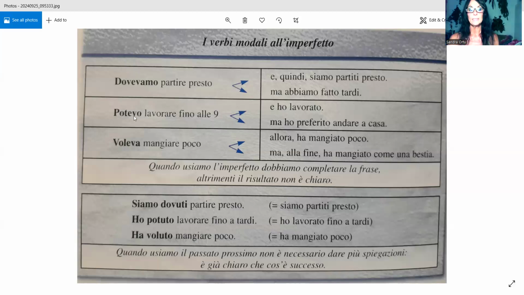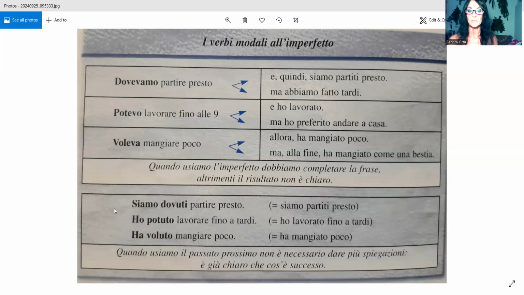So recapping, when we use the modal verbs in the past imperfect, imperfetto, we need to finish the sentence. We need to add more information in order to know the outcome. And the modal verb in the imperfect tense is expressing, as we said, an intention, a potential situation.